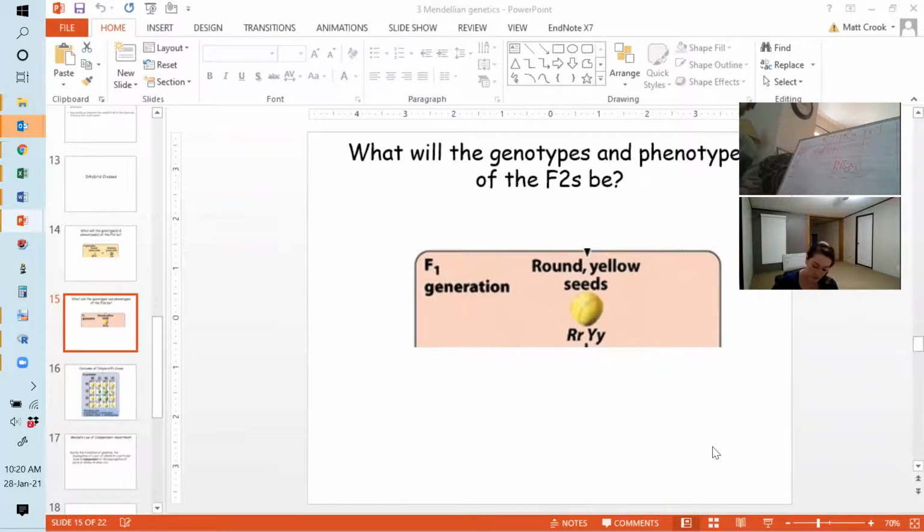All right, shall I give you a little bit of a hint? They would not all be dominant. That's a good guess though, Motaz.